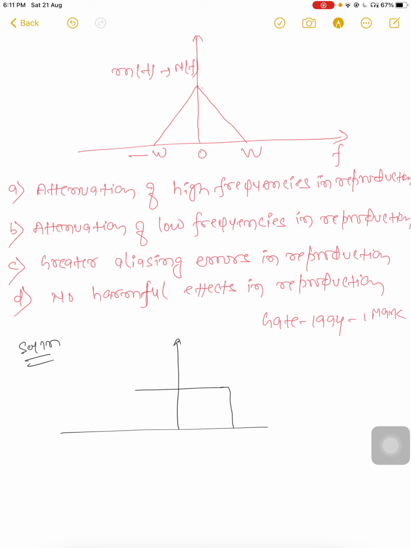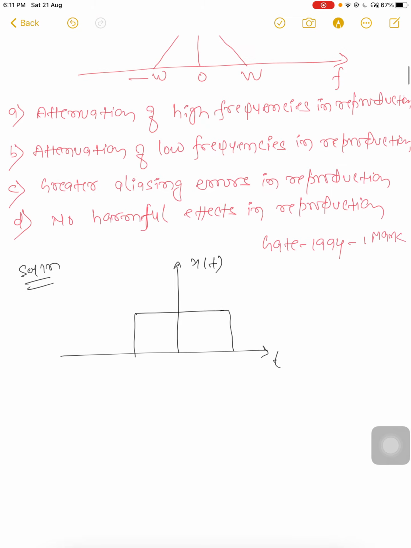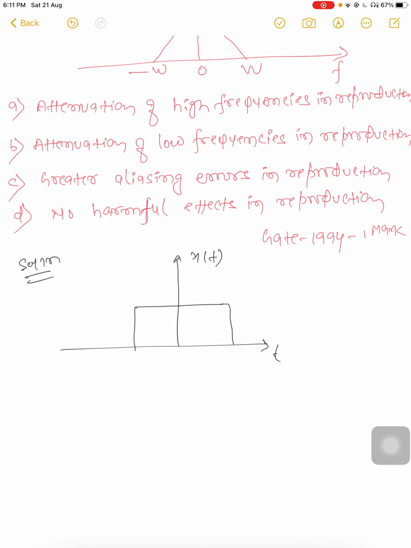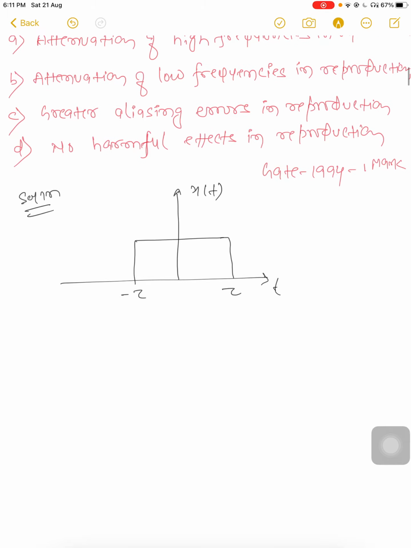let us consider an arbitrary signal x(t). So when the pulse width tau is increased, the width 1 by tau of the first lobe of the spectrum. Let us consider here is tau, here is minus tau.